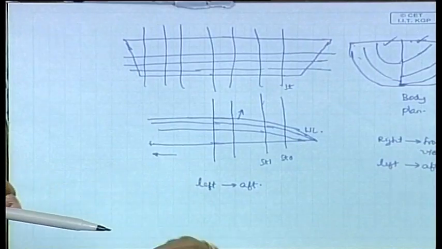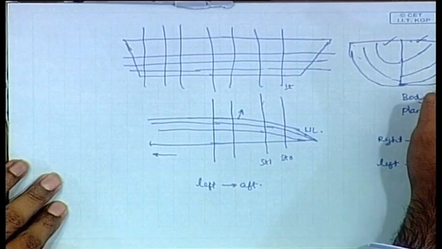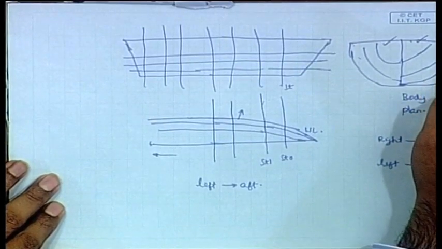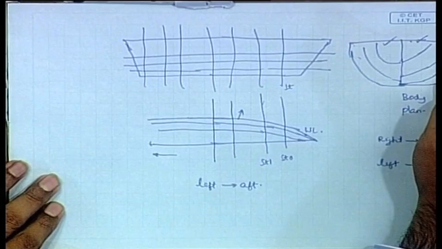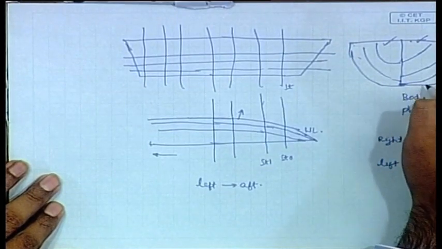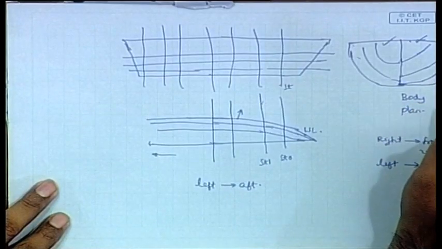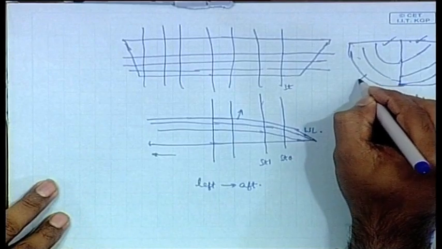This thickest outside line, which part of the ship do you think it will correspond to? Center, someone said, yes, it represents the center because it is the thickest. The ship is thickest in the center, always, the midship, and so this represents the midship. Likewise here also.